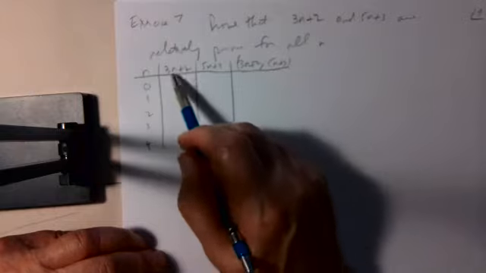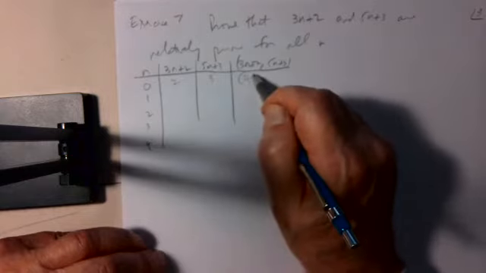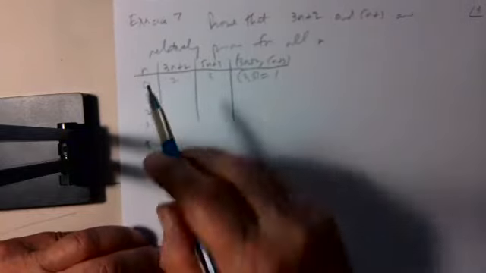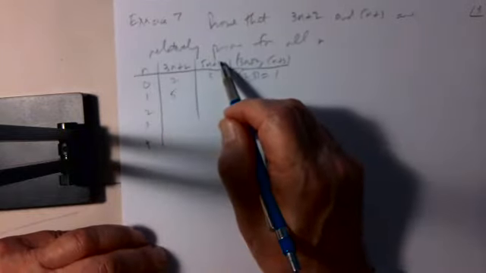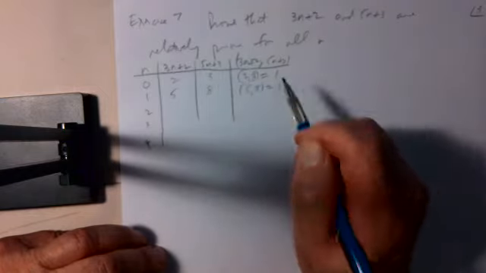When n is 0, 3n plus 2 is 2, 5n plus 3 is 3. Greatest common divisor of 2 and 3 is 1. When n is 1, 3n plus 2 is 5, 5n plus 3 is 8. The greatest common divisor of 5 and 8 is 1.